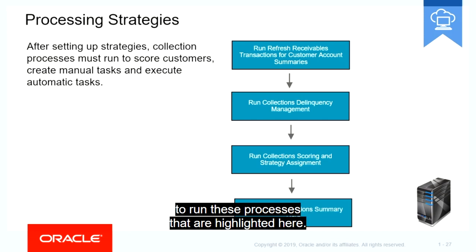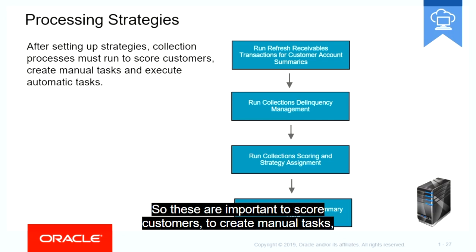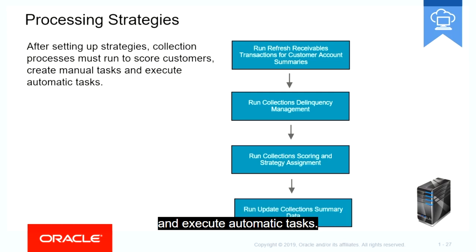You have to run these processes that are highlighted here, and they go in the sequence that you see depicted in the slide. So these are important to score customers, to create manual tasks, and execute automatic tasks.